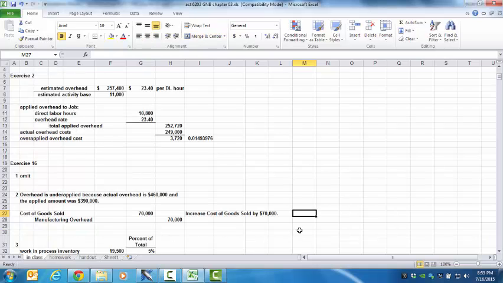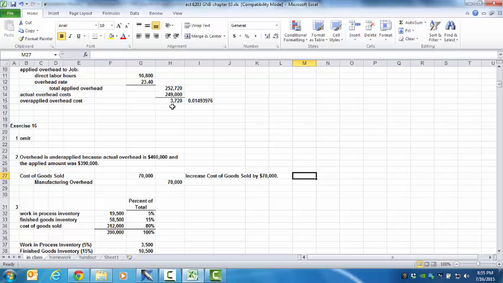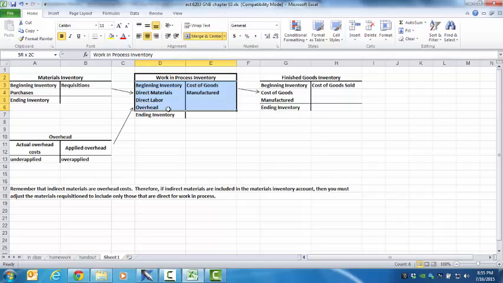So it might be more prudent not to use one overhead rate, but instead look at your work in process, and maybe we can break this up into multiple departments. Work in process department 1, work in process department 2.